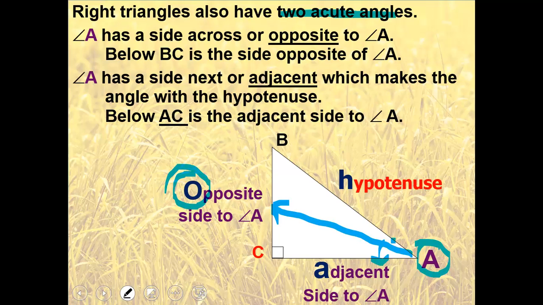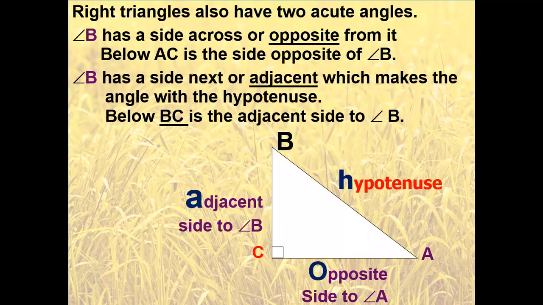I've labeled that side with a big A. Each of these angles has a side opposite and a side adjacent. And it's important that we know how to label them and recognize them. Angle B, I've made that one bigger.